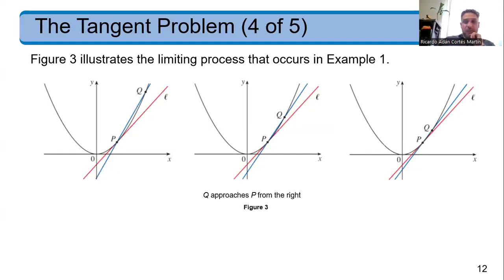Okay? So this is what we did in this approach. We keep approaching Q to P until the blue line is every time more similar to the red line. Okay, so this is a nice way to get the tangent.